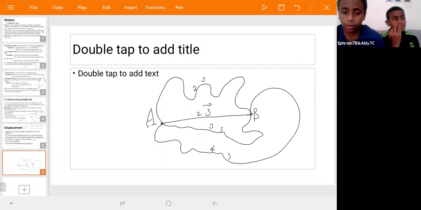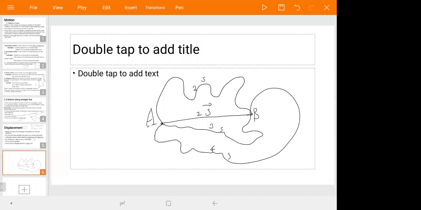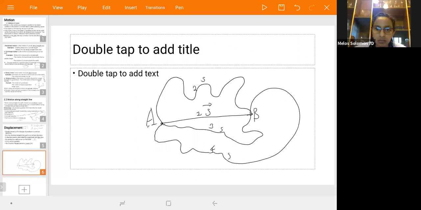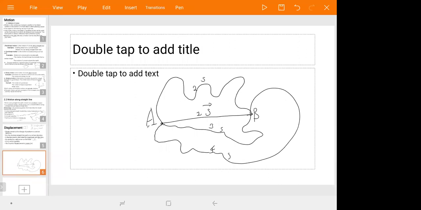Curvilinear motion is motion along a curved path, whereas rotary motion is motion about an axis.